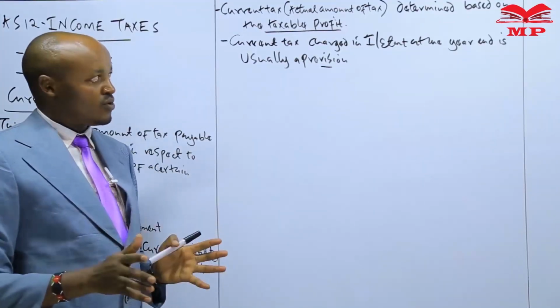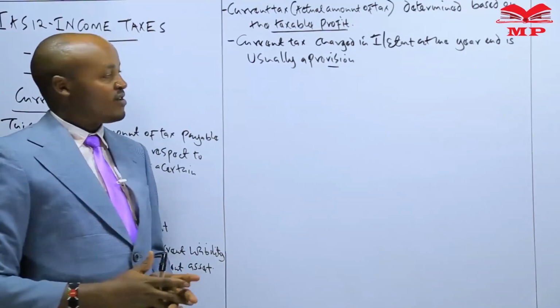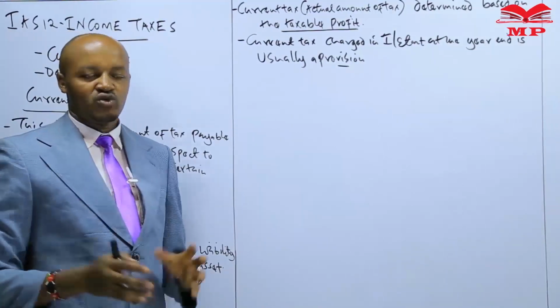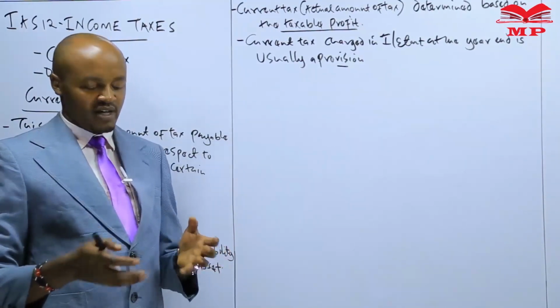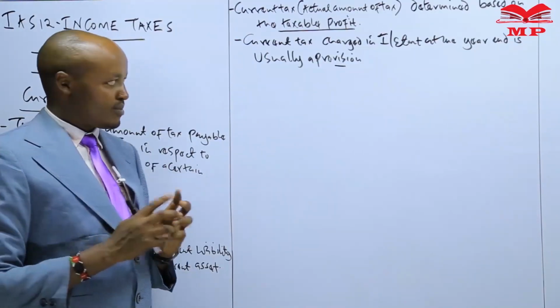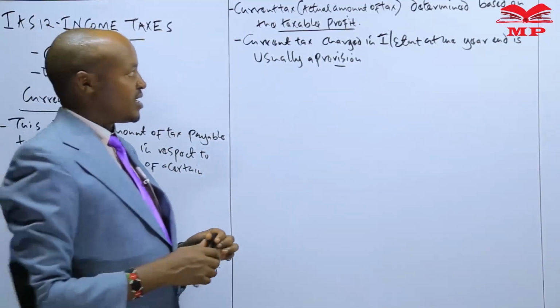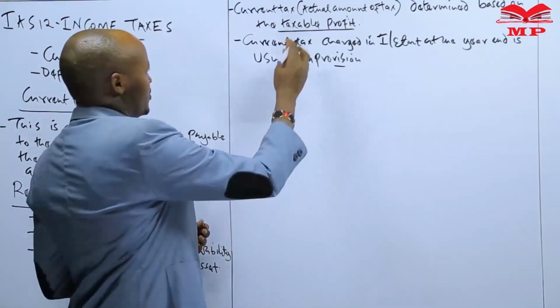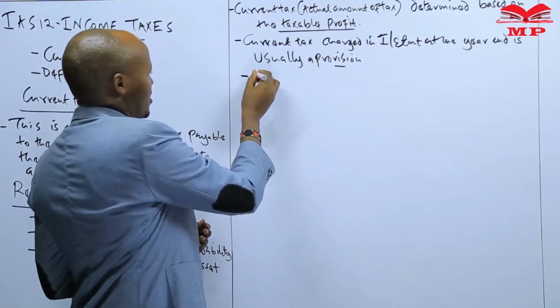Now, what we know from taxation is that for a company to compute the taxable profit, that profit is always computed from the accounting profit. In this case, there is a difference between taxable profit and accounting profit.